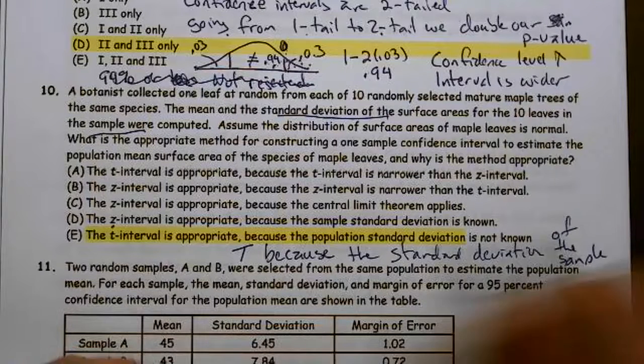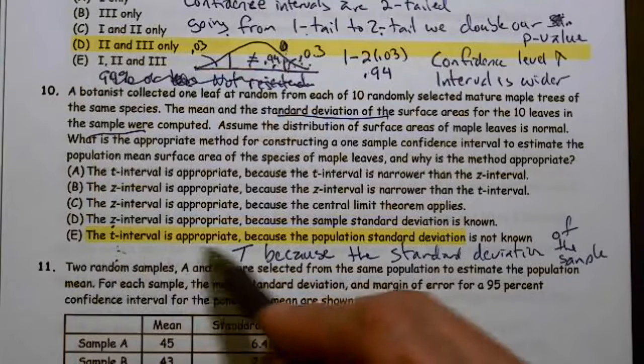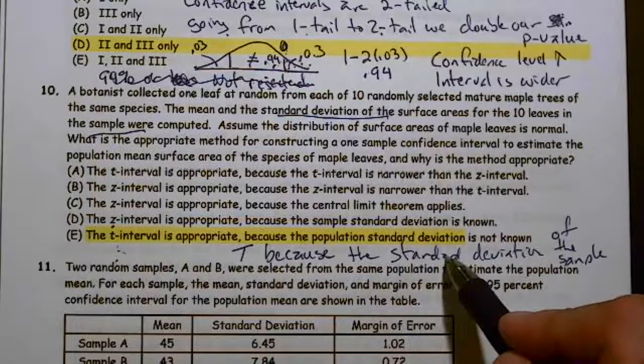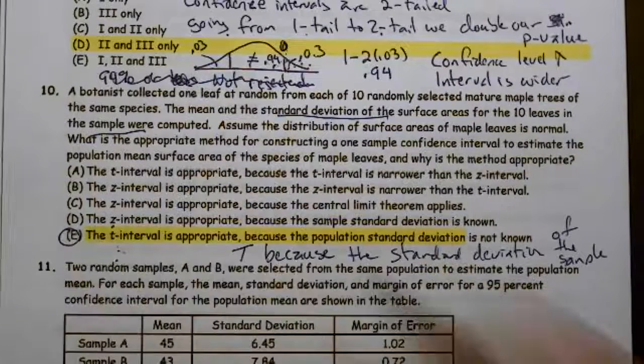The T is appropriate because the population standard deviation is not known, and we're using the standard deviation of the sample. So number 10 is pretty short, and that was E.